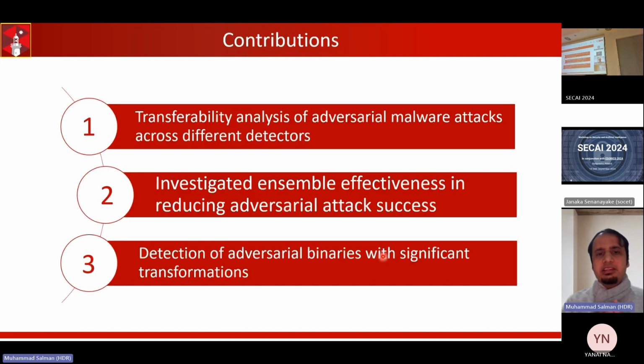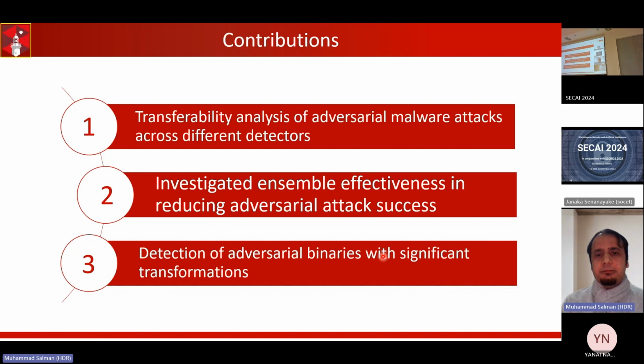So we made three critical contributions in this study. First of all, we conducted a comprehensive transferability analysis of adversarial malware attacks across different detectors. We demonstrated that a malware which is targeted to fool one model cannot effectively fool other models.